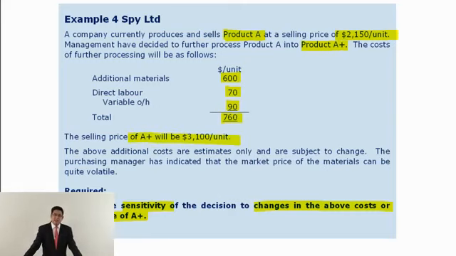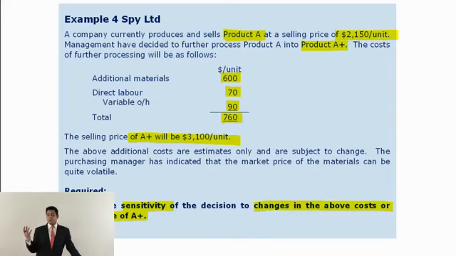The above additional costs are estimates only and are subject to change. Suppliers can change the price, workers may start demanding more money, more labor rate, and variable overheads like electricity and power, companies keep on changing the tariffs, etc. The purchasing manager has indicated that the market price of the materials can be quite volatile, fluctuating, and sometimes these fluctuations may not be in our interest.